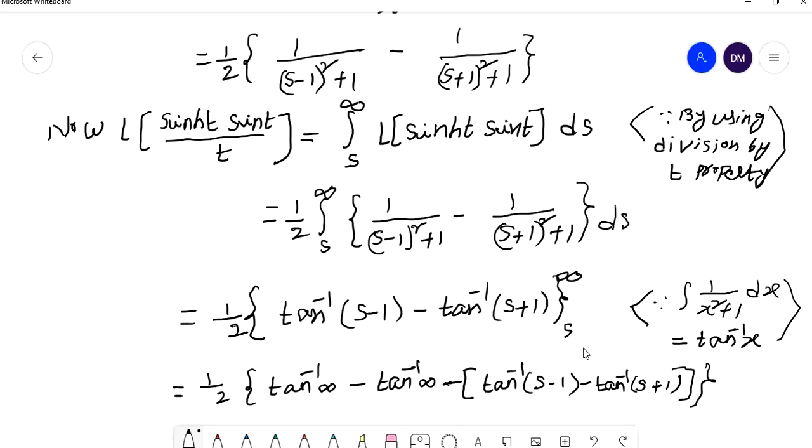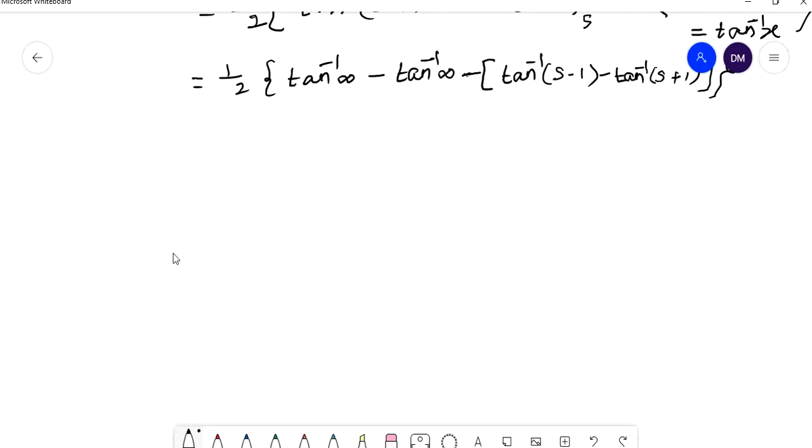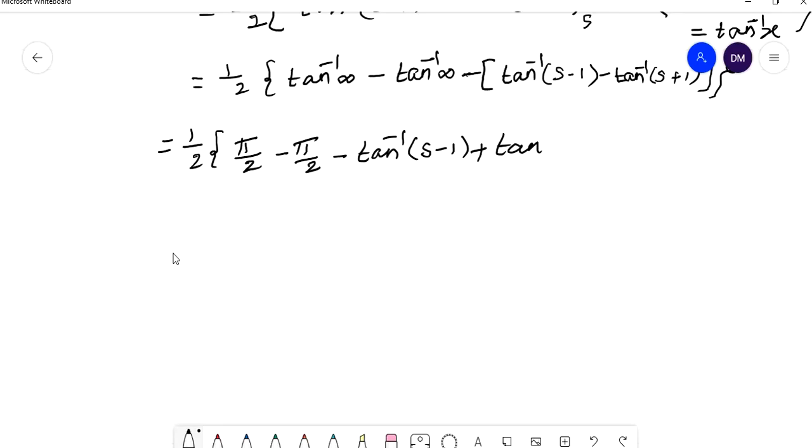Tan inverse infinity value is pi by 2, right? So pi by 2 minus pi by 2, we can get it. So this is equal to 1 by 2 into pi by 2 minus pi by 2 minus tan inverse of s minus 1, minus minus is a plus, tan inverse of s plus 1.